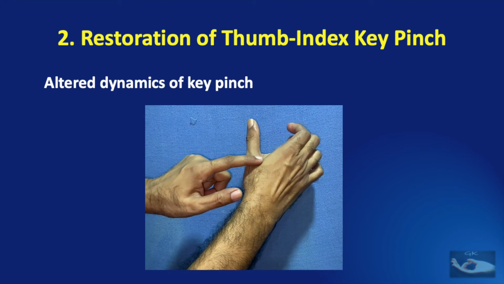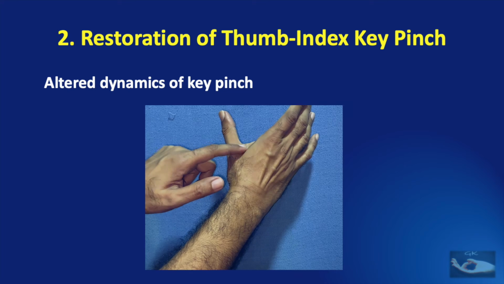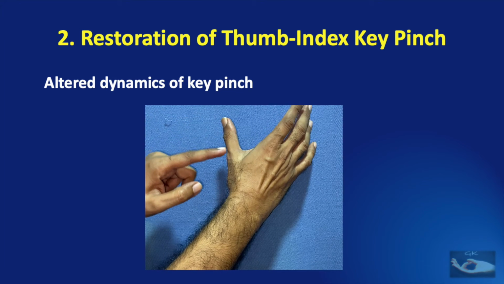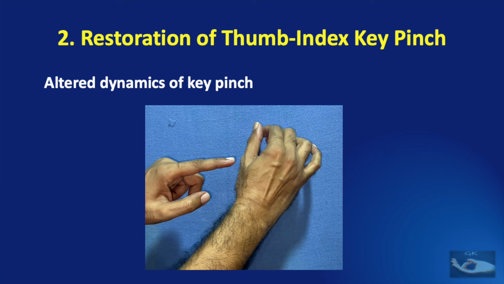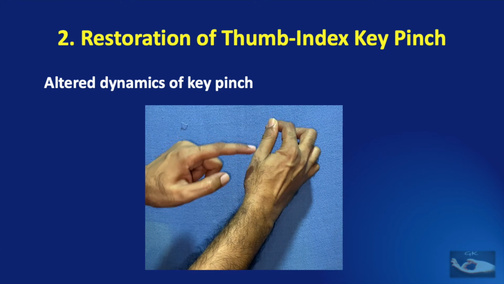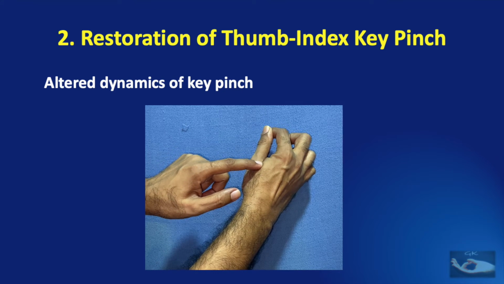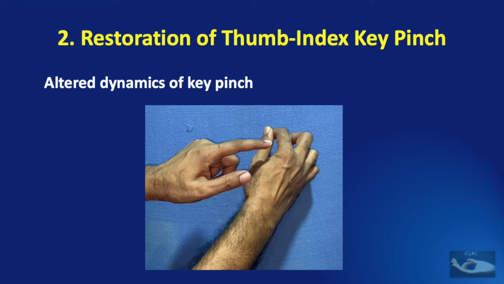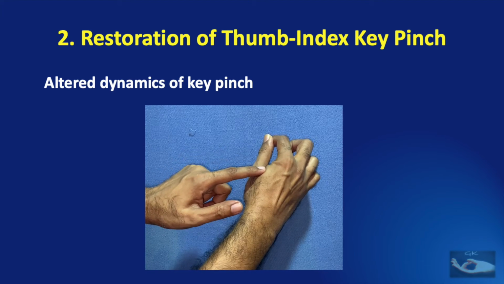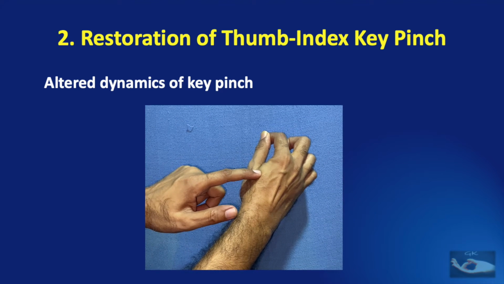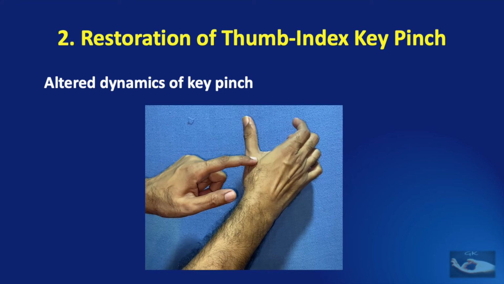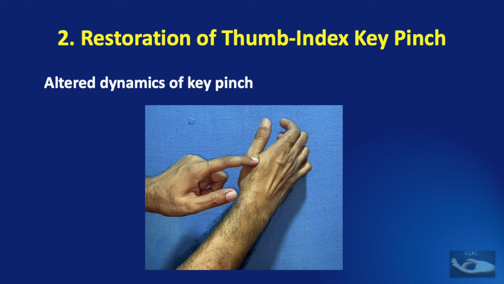This is because the three important muscles involved in the power pinch, that is the adductor pollicis, the first dorsal interosseous and the flexor pollicis brevis, are all paralyzed. Please click on the icon above to understand these altered dynamics better. So, as only the flexor pollicis longus and extensor pollicis longus are acting and they are weak adductors, we have a very weak pinch in these patients.